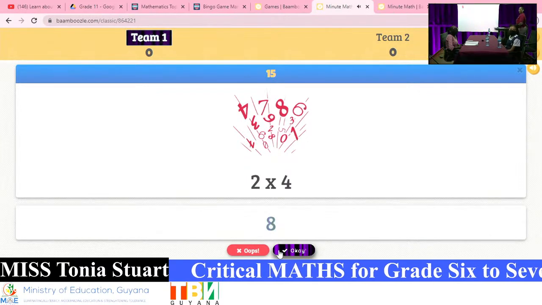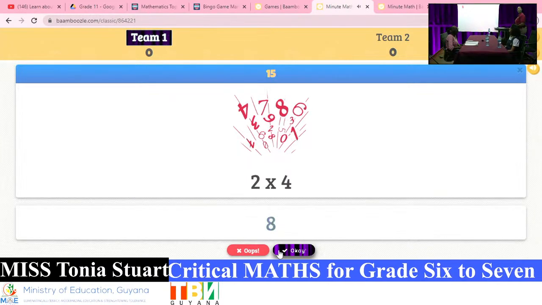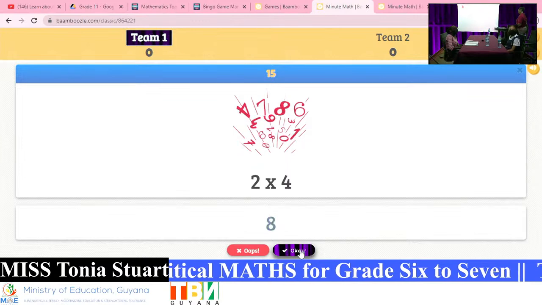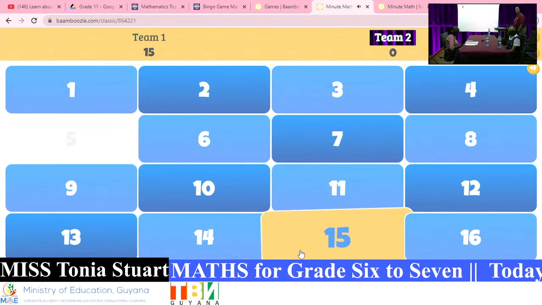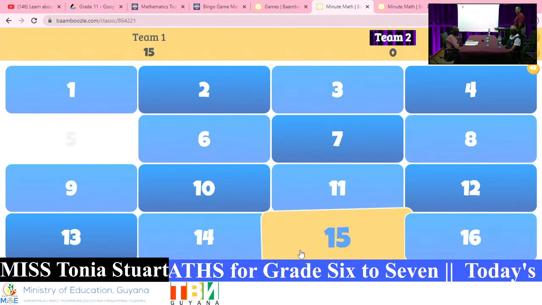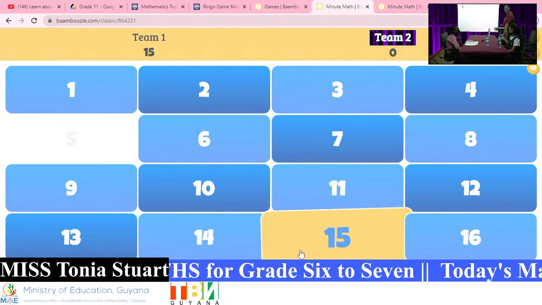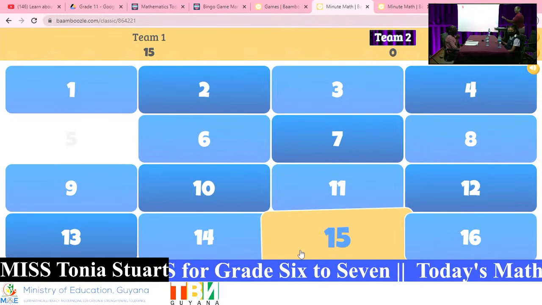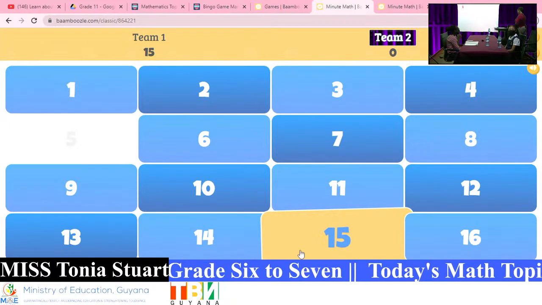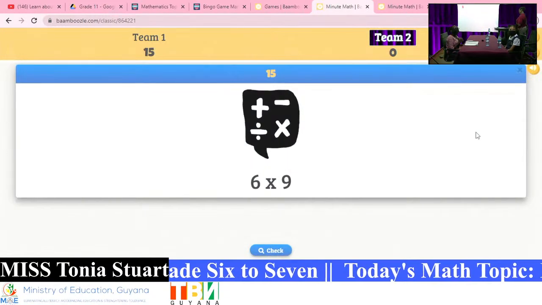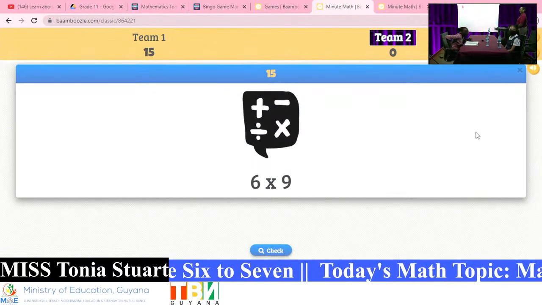Great. So Azaria, you would have gotten your first point, and you would have observed that team 1 has 15 points, right? Good. Azaria, this is your pen for you to keep hold. Yes, Alicia. 8. All right. 6 nines.